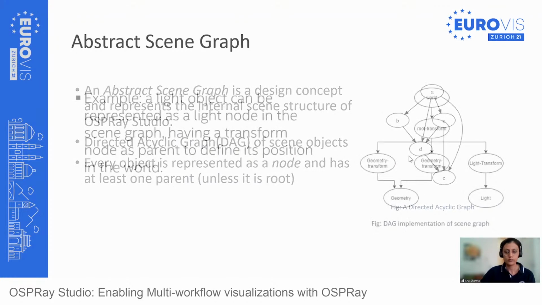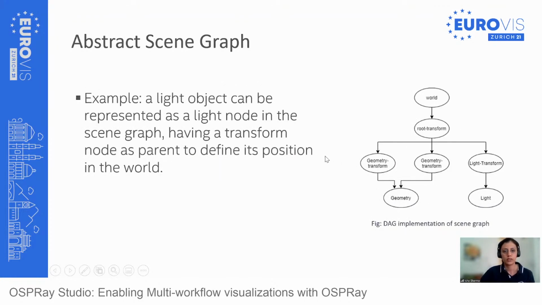And what it means for OSPRay Studio is that different scene objects can be represented as scene nodes. For example, a light object can be represented as a light node in the scene graph, having a transform node as a parent to define its position.